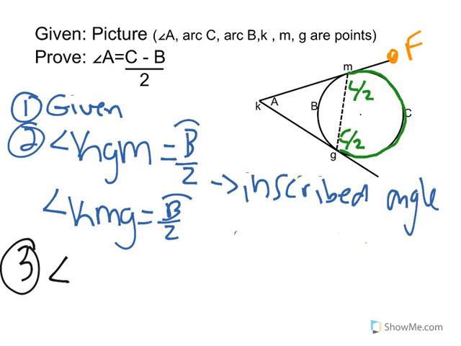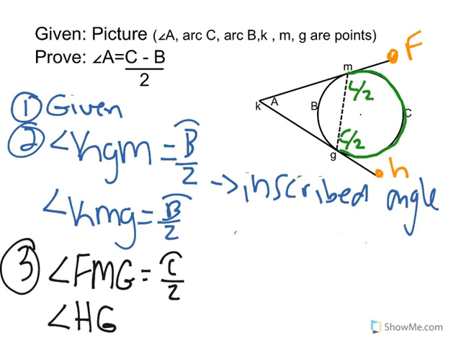Let's call this F. And let's call this H. So angle FMG would be equal to arc C divided by 2. And angle HGM would also be equal to arc C divided by 2.